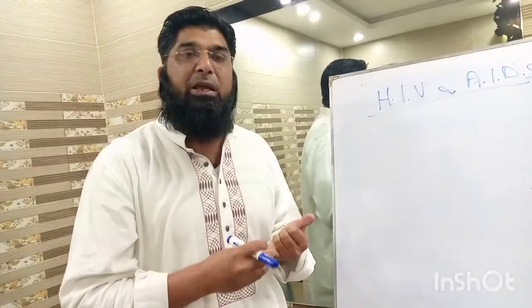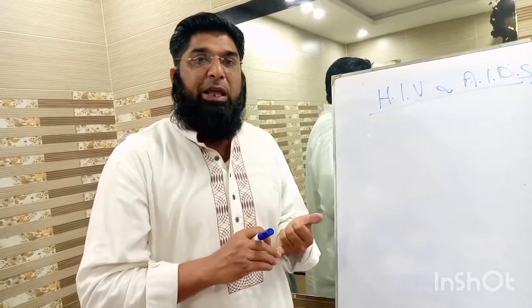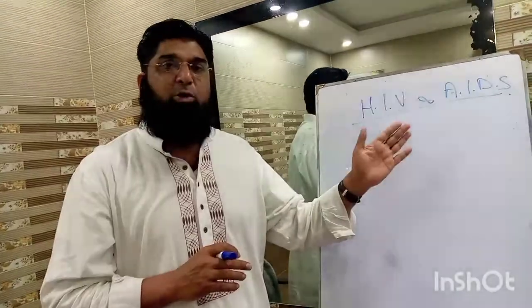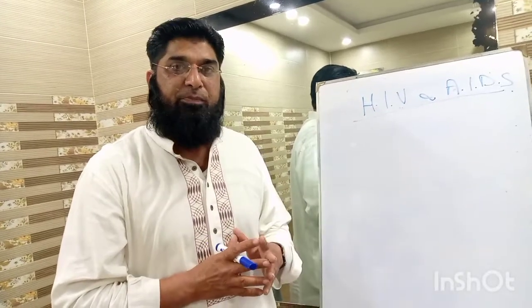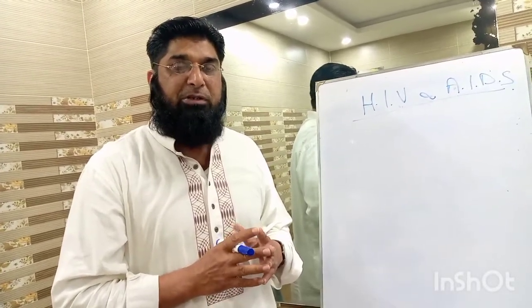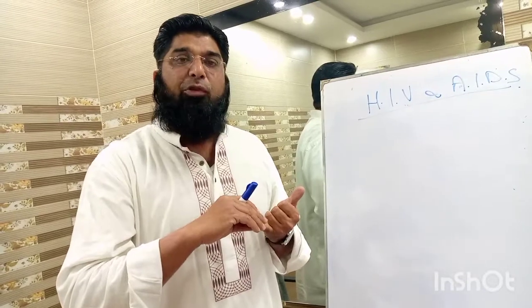This is the main characteristic point in the pathophysiology of development of HIV and AIDS. I repeat my words. For rapid replication of HIV virus, this virus must convert its RNA into DNA.